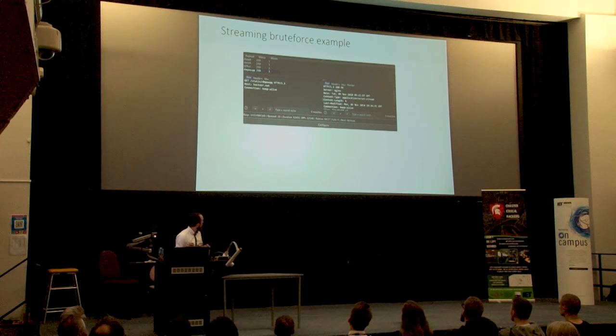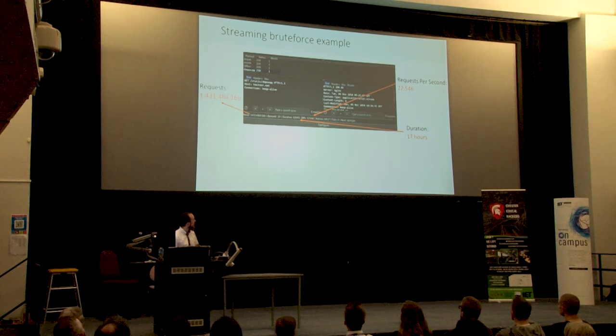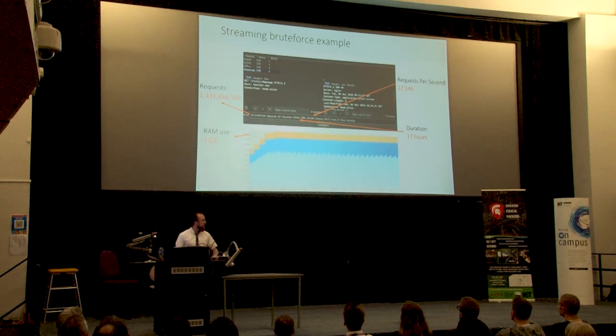And if we look at the bar at the bottom, this has been running for 17 hours. We've sent an average of 22,546 HTTPS requests per second, resulting in a total of 1.4 billion requests. And if we look at the memory usage, we haven't used up more than 3 gigs at any point, and that's the memory usage for the whole of Burp.